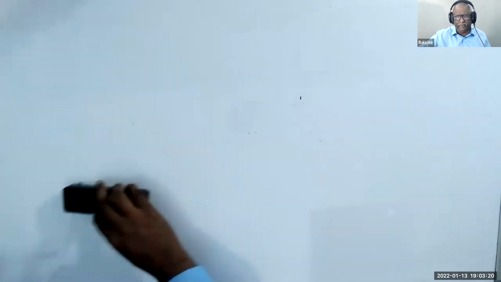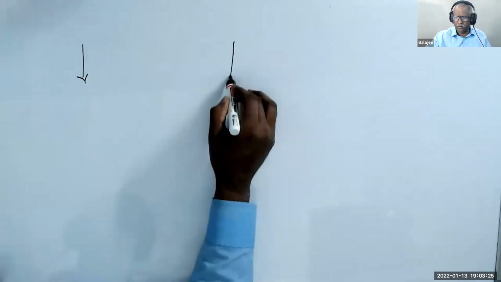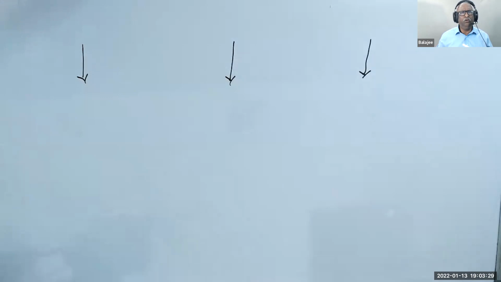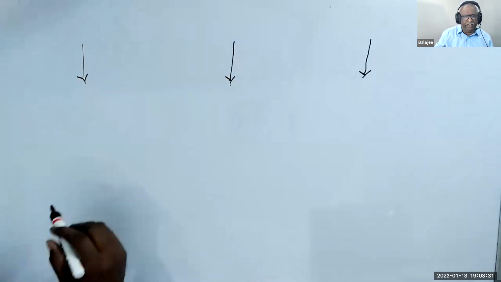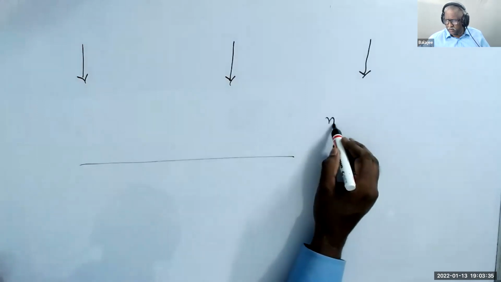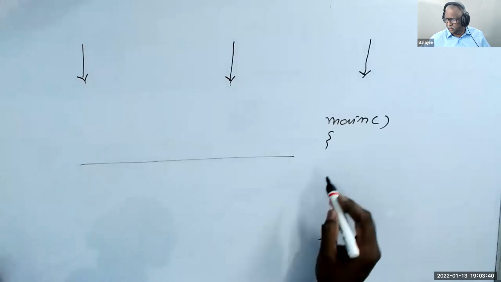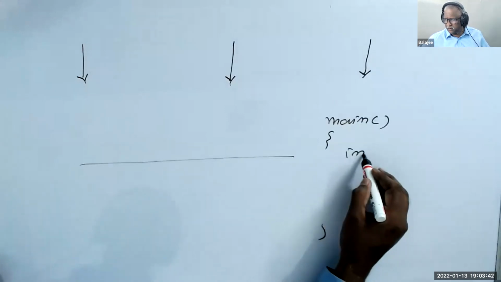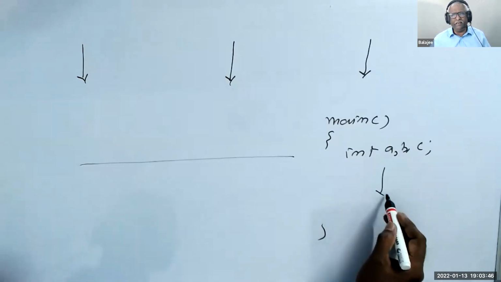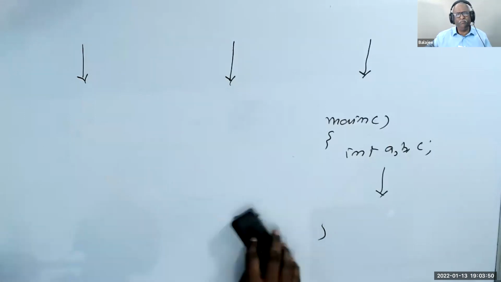Please understand the difference between three steps you should do. Normally we have a practice: when I start giving a problem, everybody directly writes code, main, and then int A, B, C. That is not generally advisable.